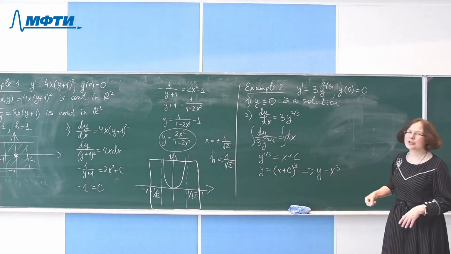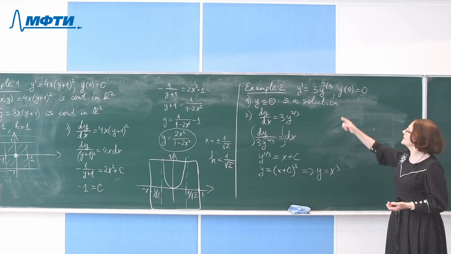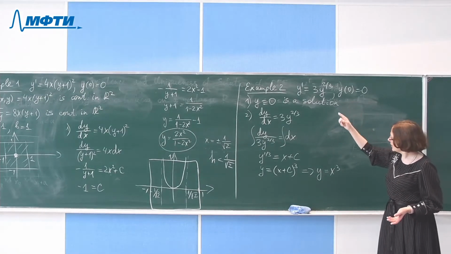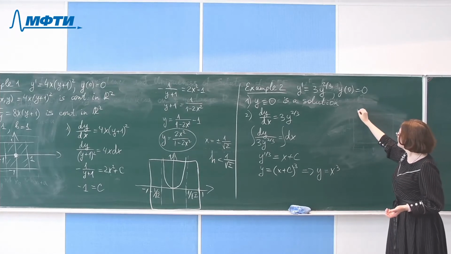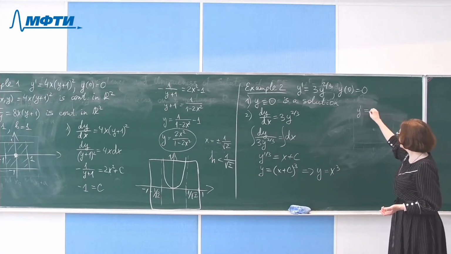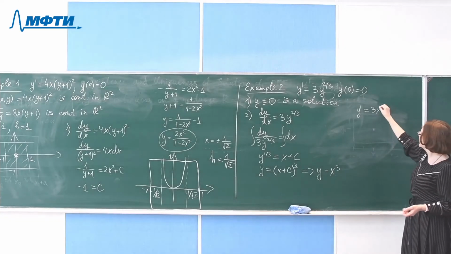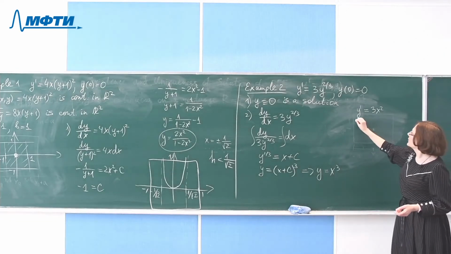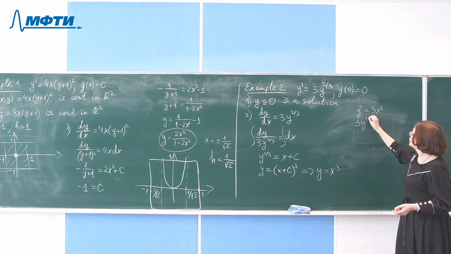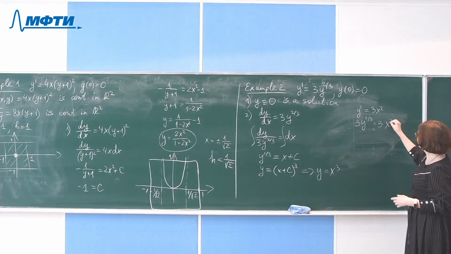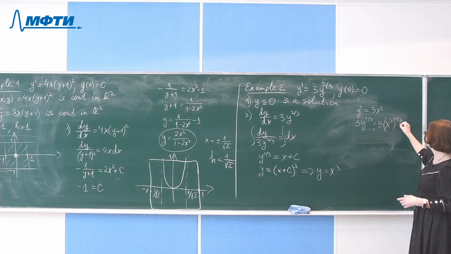This function also satisfies the original differential equation, right? Let's verify this. If y is x cubed, then y prime will be 3x squared, and 3y to the power 2/3 will be 3 times x cubed to the power 2/3.